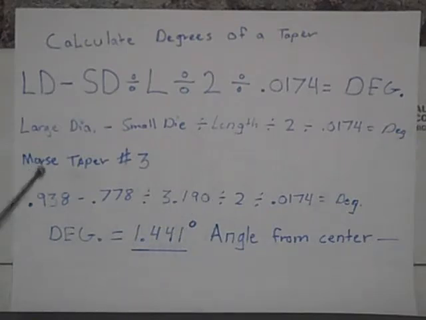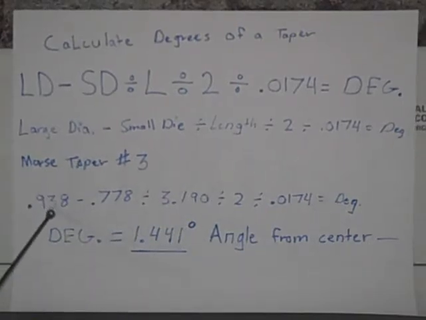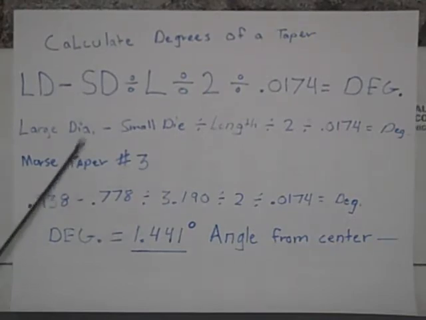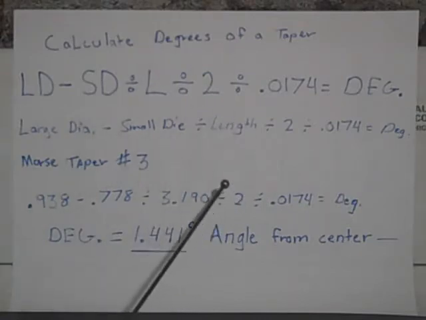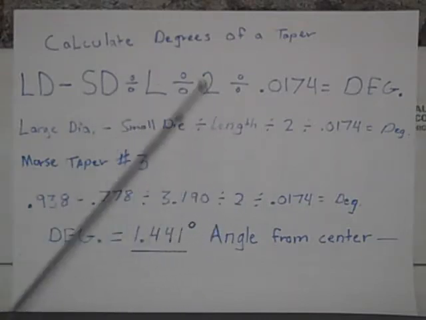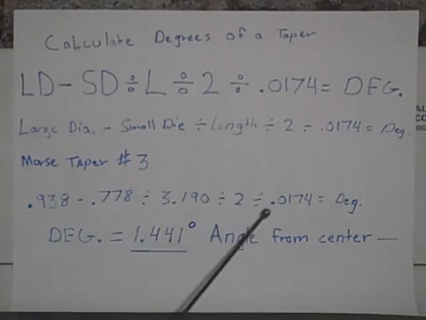An example would be, say, a Morse taper number 3. The big diameter is .938 minus the small diameter, which is .778, divided by the length, which is 3.190, divided by 2, which will give you the single angle from the center out, divided by 0.0174. That's what equals the degrees, and it works out to 1.441 degrees.